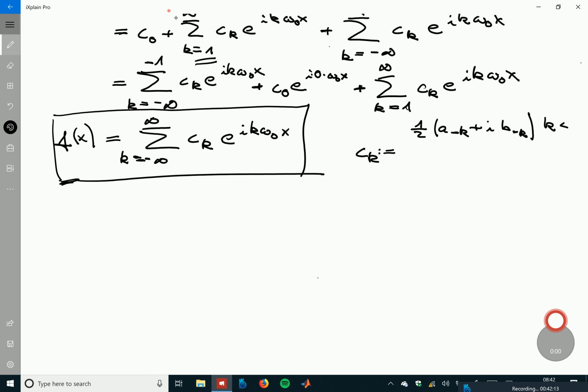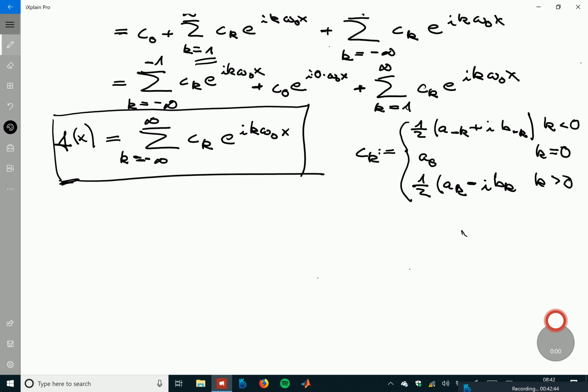If k is smaller than 0, we take again our a_1, 2, and 3, and so on, because they come out as these, because there's an extra minus sign. For k being 0, we use our a_0, and for k larger than 0, we use 1/2 (a_k minus i b_k).